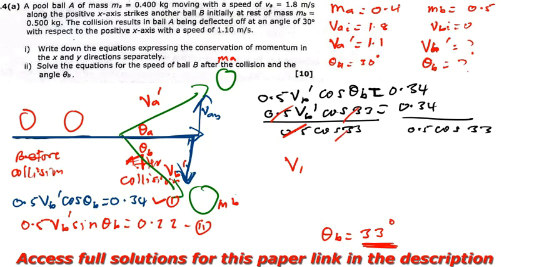So the final vB is 0.34 divided by, then you open the brackets, 0.5 cos 33. So I'm getting 0.81 meters per second.